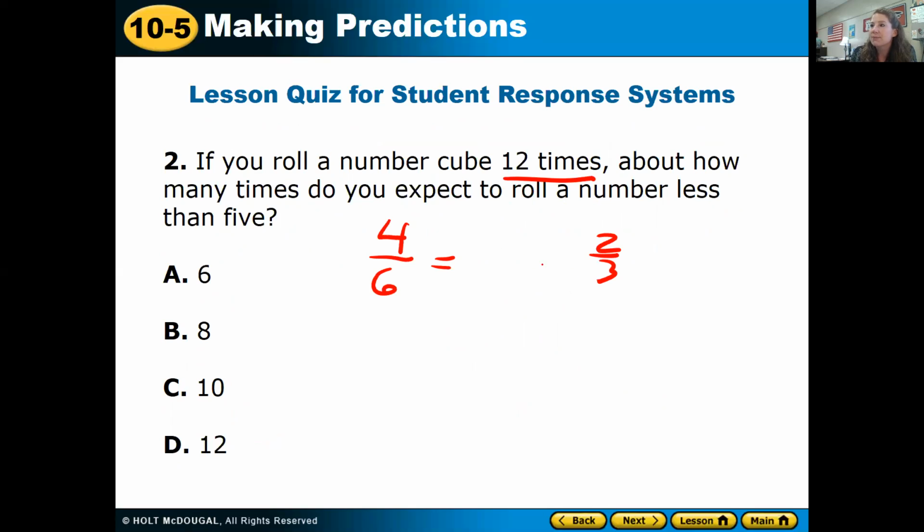And we're going to do this experiment 12 times. So we're going to multiply straight across, and we get 24 out of 24 thirds, which is equal to about 8 times. Out of 12 experiments, we can expect to get a number less than 5, 8 times.